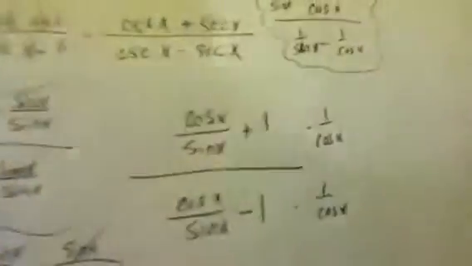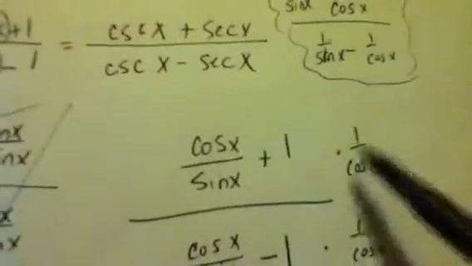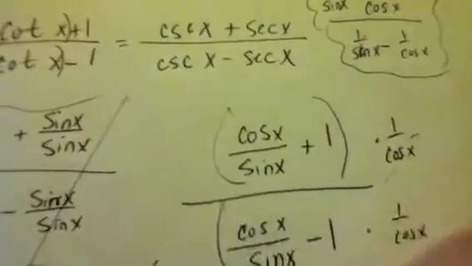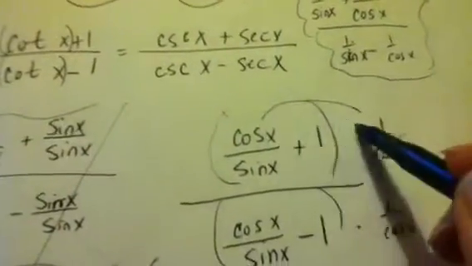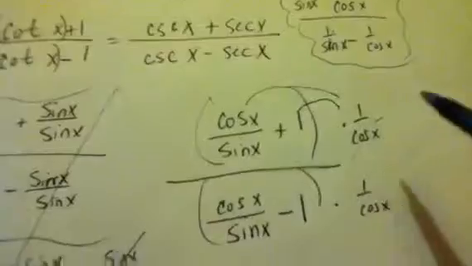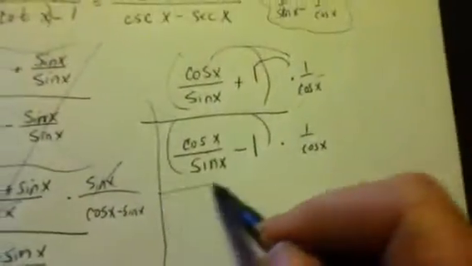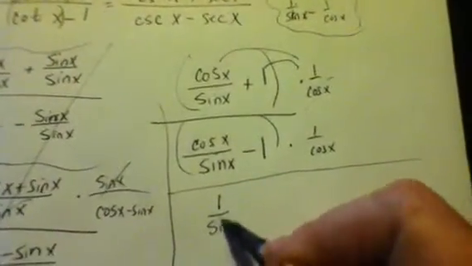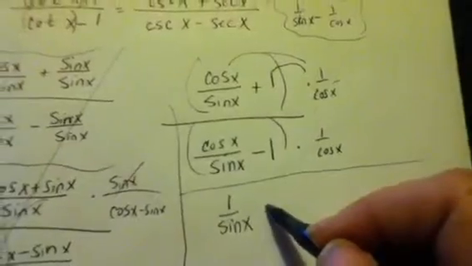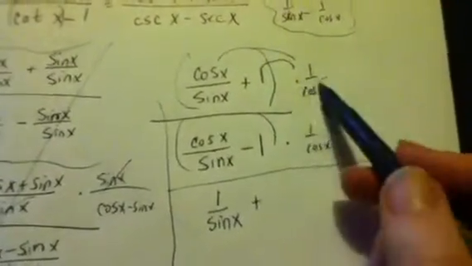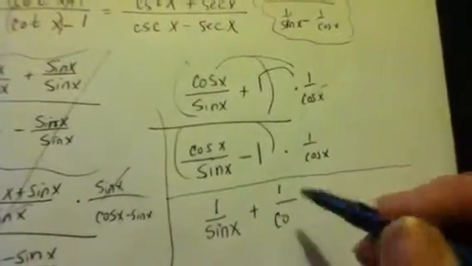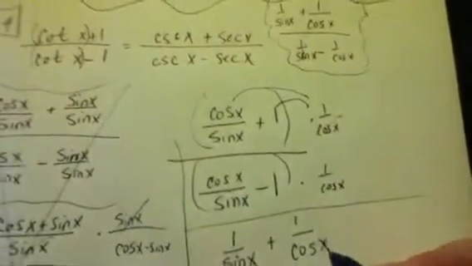I'm going to have to start writing here because I didn't finish it. Let's show that I'm actually multiplying here. The cosines cancel out, and I end up with, it's hard to write and hold the iPod, 1 over sine x plus, and then this times this makes 1 over cosine x.